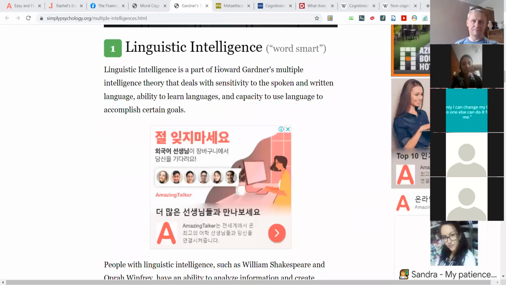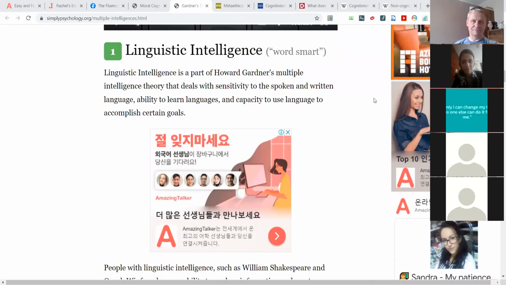So far we have talked about linguistic intelligence. So how about you, Aliyah? Are you linguistically intelligent? Do you have this skill, the ability to speak or write or understand easily when you are learning something?